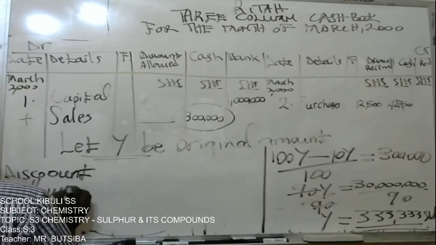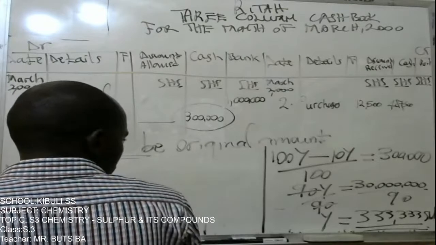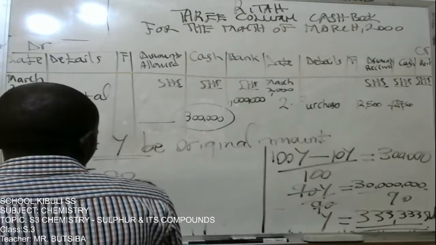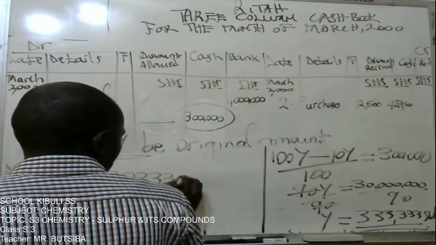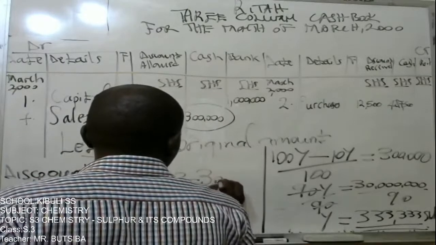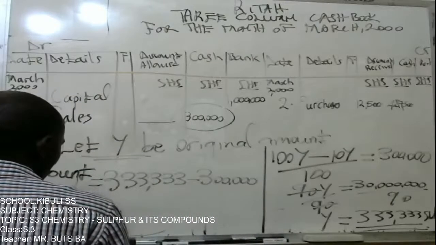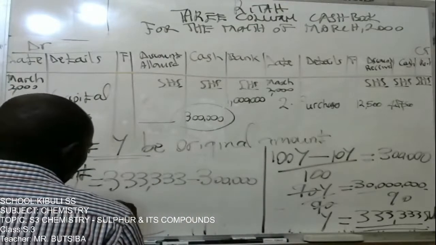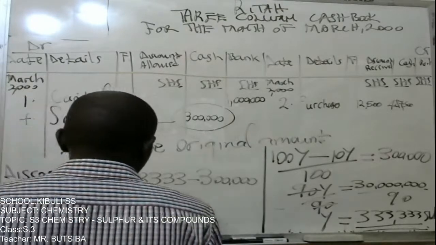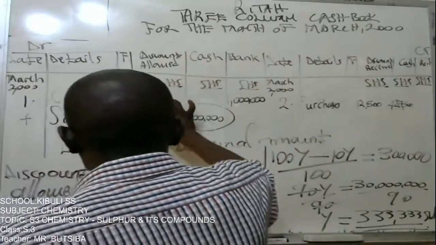The discount allowed will be 333,333 minus the value we received from that person. So when you subtract 300,000 from that original amount, you remain with 33,333. So this is the amount of discount we are going to record in this column.